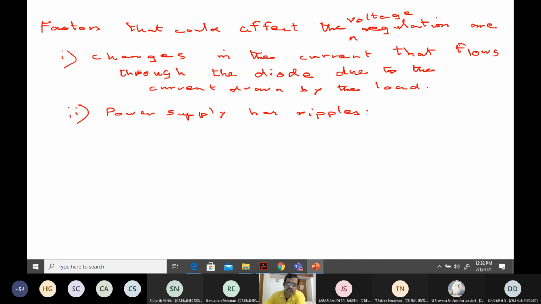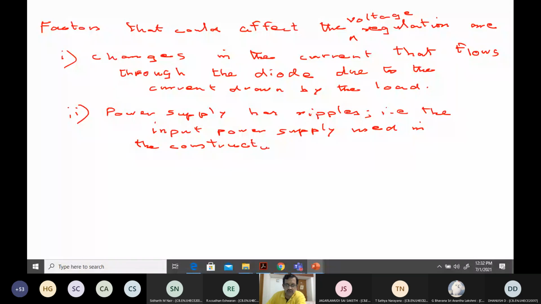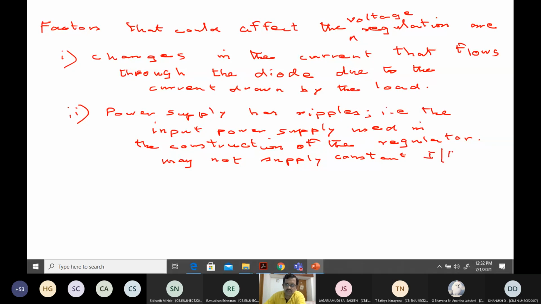The input power supply used in the construction or design of the regulator may not supply a constant voltage, a constant input, as we saw yesterday in lecture 2.